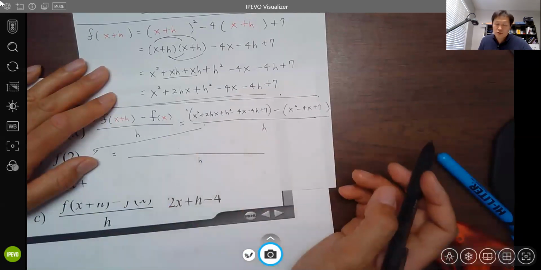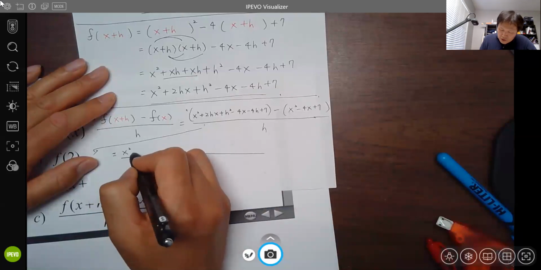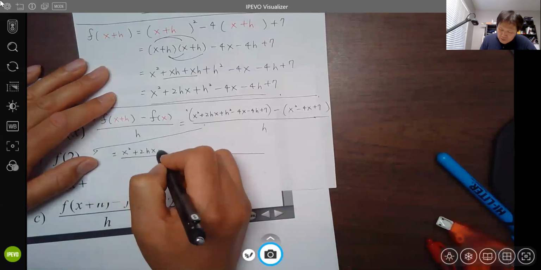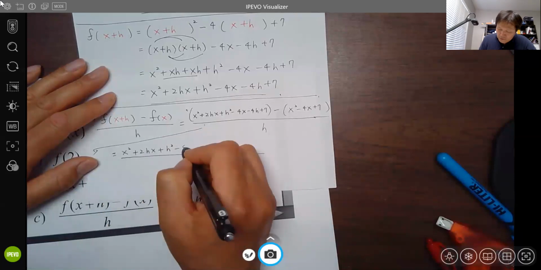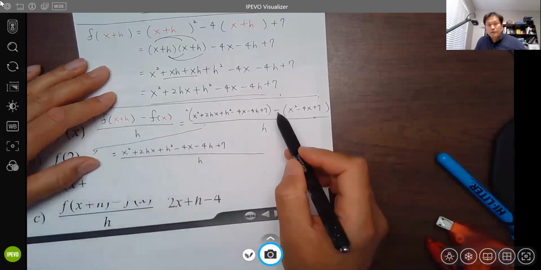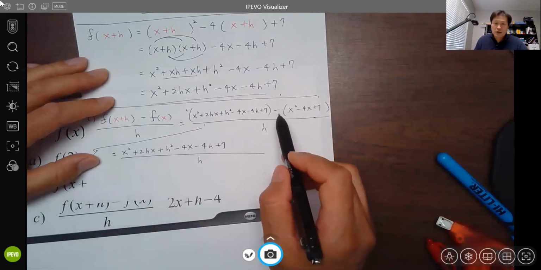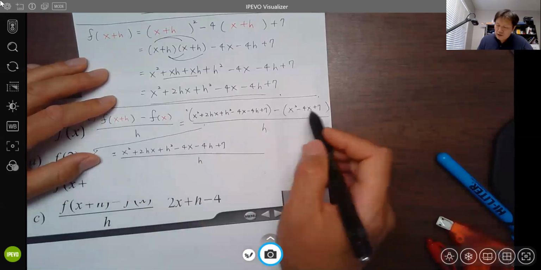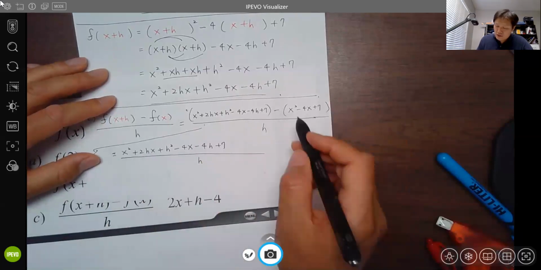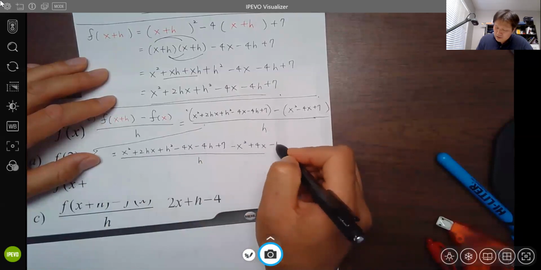Distributing 1 doesn't do much, so you can just get rid of the parenthesis without changing anything: x squared plus 2hx plus h squared minus 4x minus 4h plus 7. This parenthesis has a minus in front of it, meaning you have to distribute minus 1. It's going to change every sign inside the second parenthesis: minus, plus, minus.